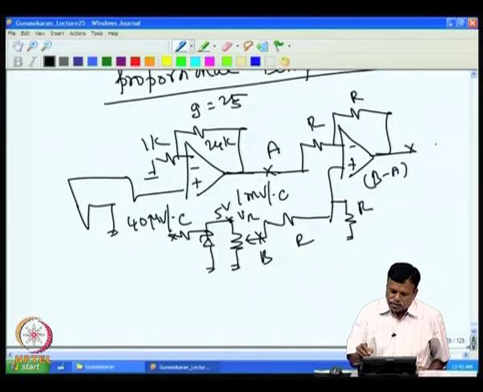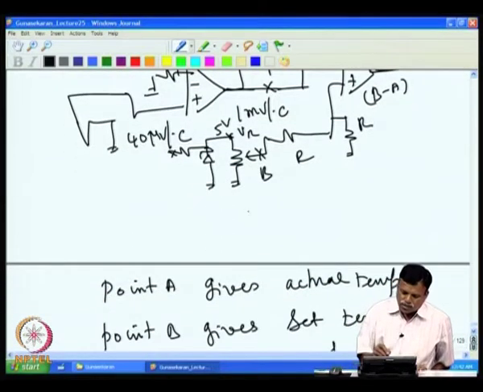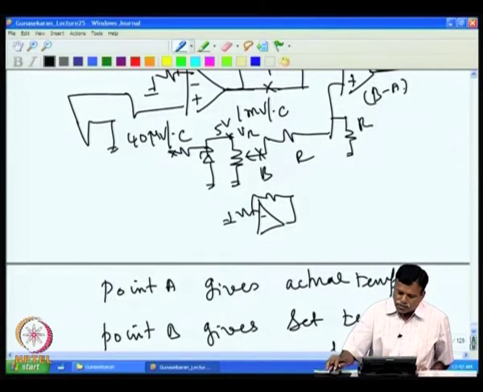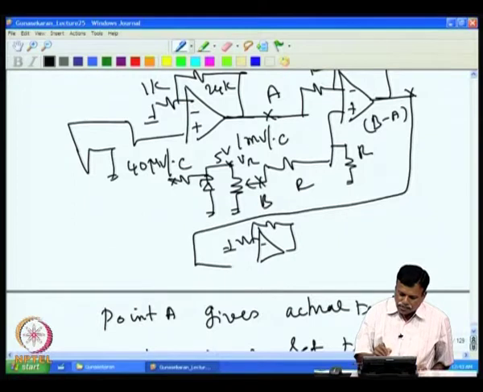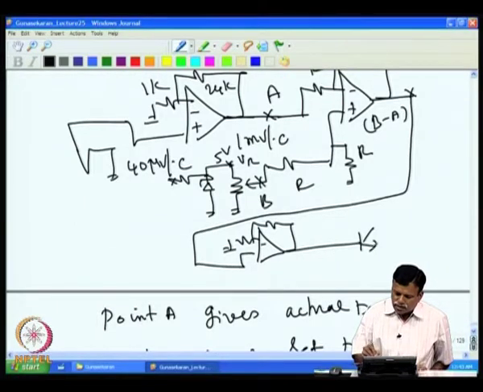Normally, this output is given to the next stage, which consists of an amplifier. The output of that is given to this, and then this drives the heater. For example, I can have a heater circuit here.